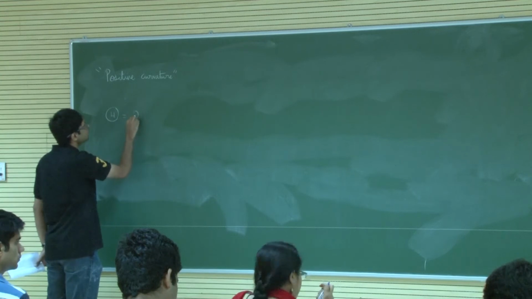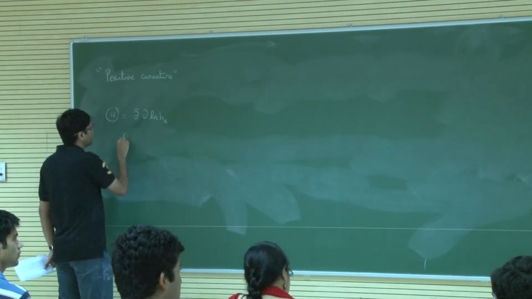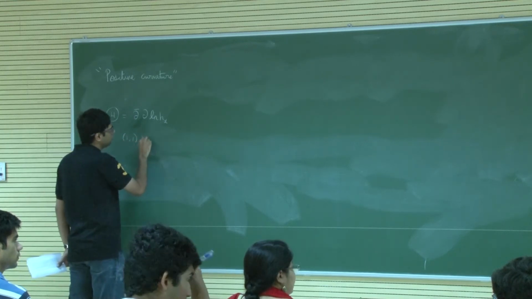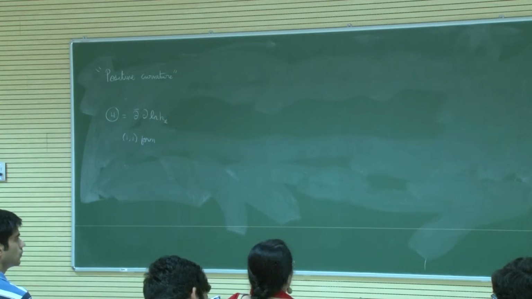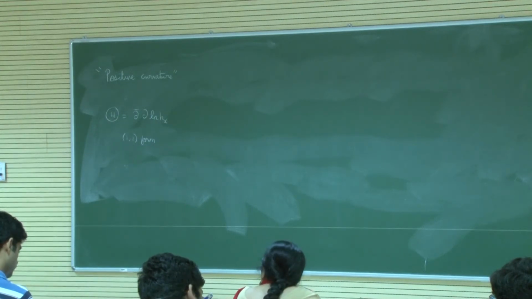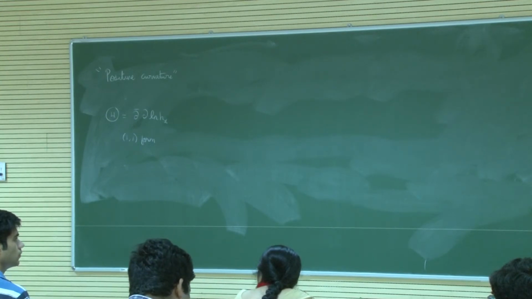Curvature is something like this, right? It's a 1-1 form, it's a 2 form if you so will. What could it mean to be positive? How can a 1-1 form be positive? What's a reasonable way to define this?